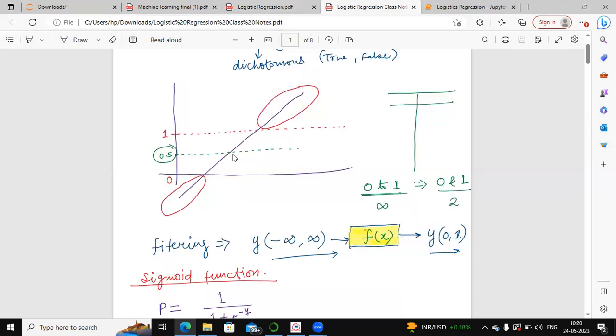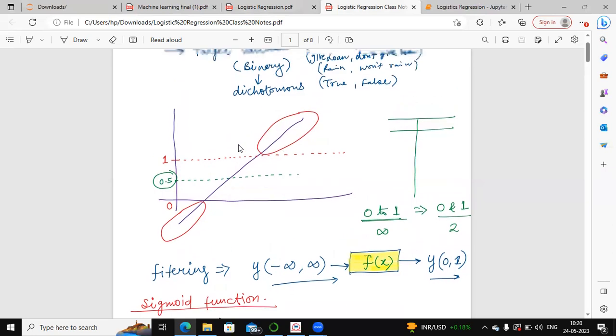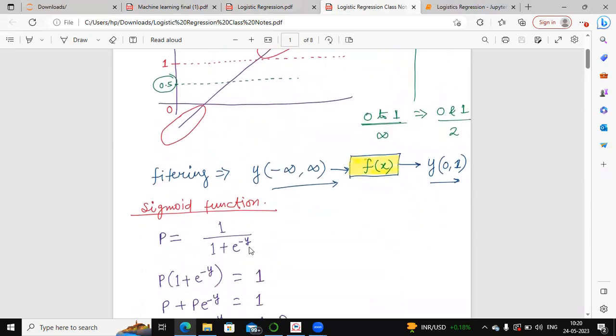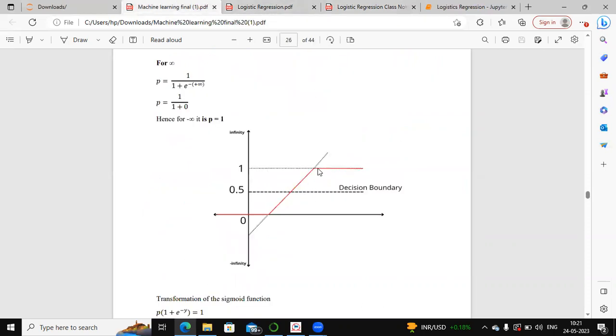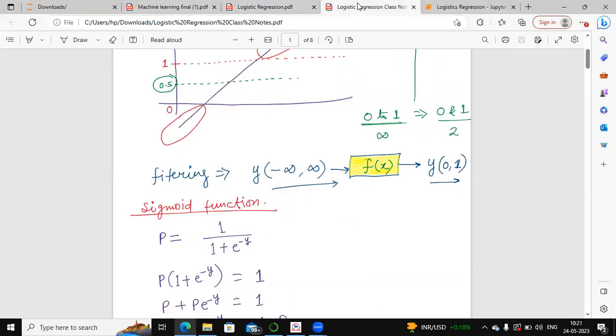And this won't extend because this will saturate, because values close to infinity will become 1 by 1, that is 1, and values close to minus infinity will become 0, like this curve. I hope you understood.